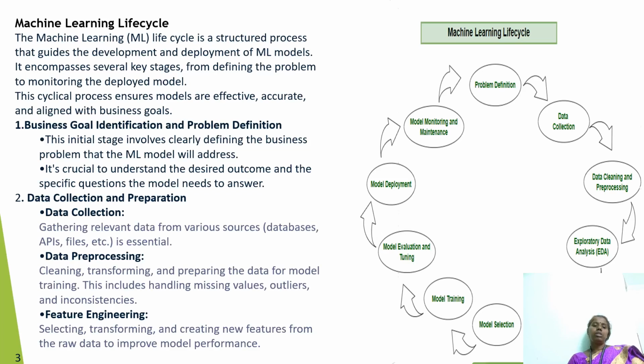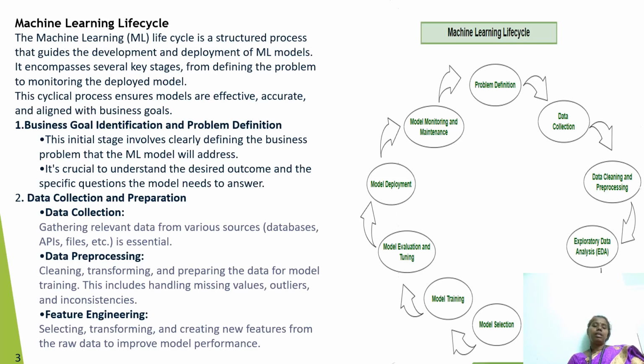And the next stage we call data collection and preparation. Under this we have three categories. First one, data collection. We are gathering the relevant data from various sources like databases, APIs, files, etc. This is essential. The next process, data pre-processing.